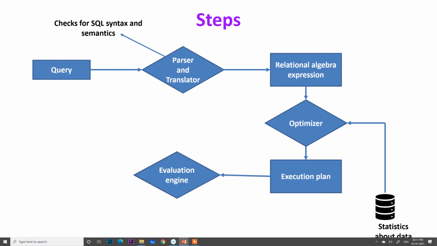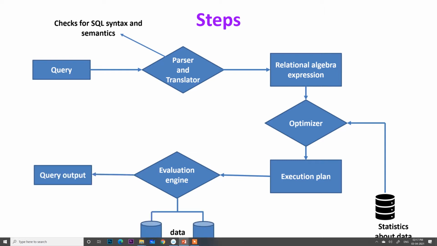Then it will be fed into the evaluation engine, where it will collect the data from the database, and finally your query output will be generated. So these are the steps involved in extracting the information which is needed from the database. Let us see what happens in detail in different parts of this chart.